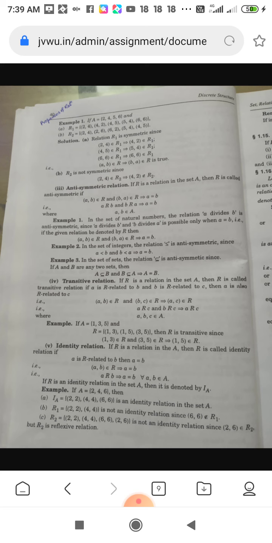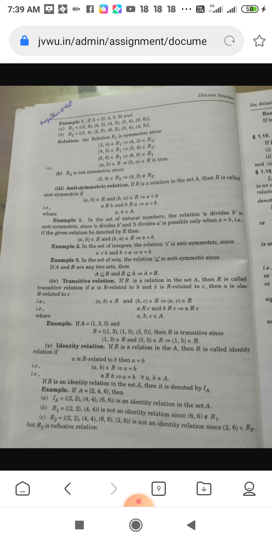If line L1 is parallel to L2, then line L2 is also parallel to L1. So this relation is symmetric. Another example is perpendicular. If line A is perpendicular to B, then line B is also perpendicular to A. So such a type of relation is called symmetric.